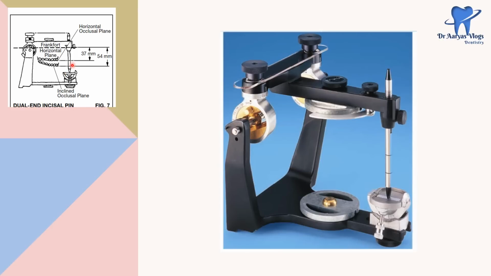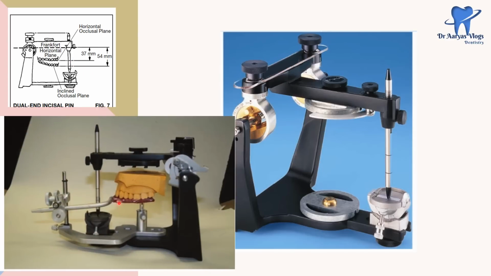And this one is the second annular groove, 54 mm below the occlusal Frankfurt horizontal plane. And these grooves form arbitrary vertical landmarks for the alignment of the incisal edge of the maxillary centrals when making a facebow transfer. This is the facebow transfer using a mounting jig.